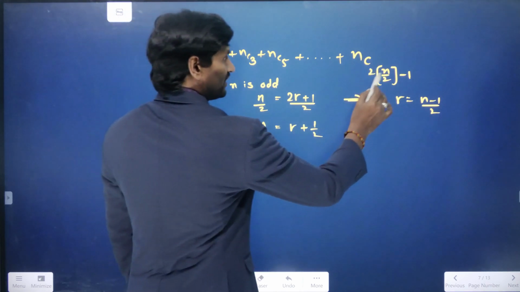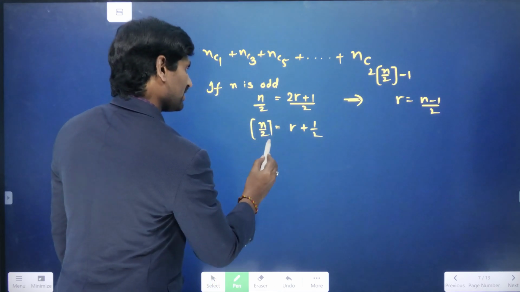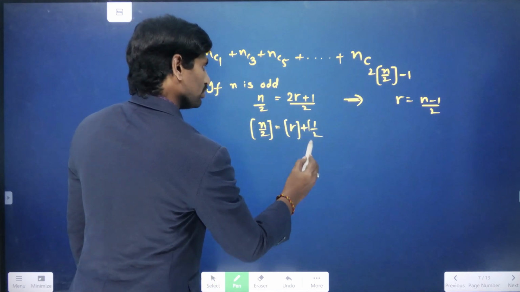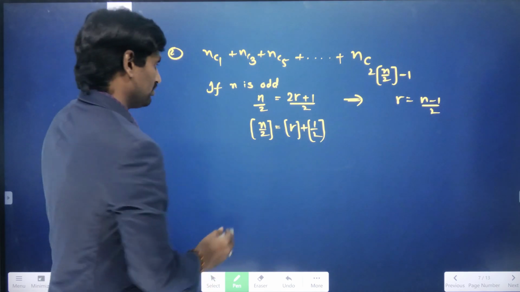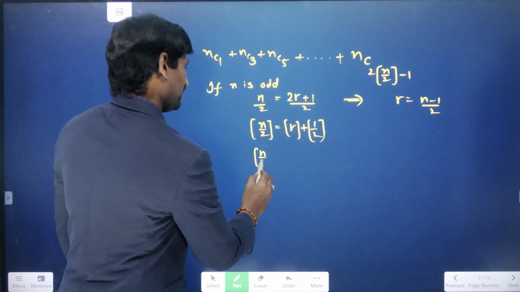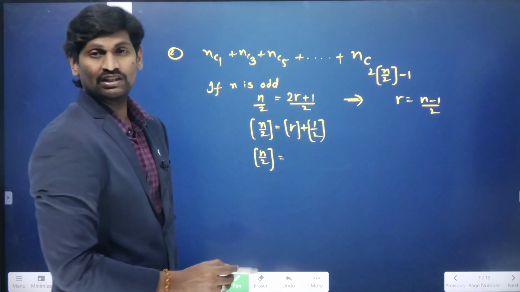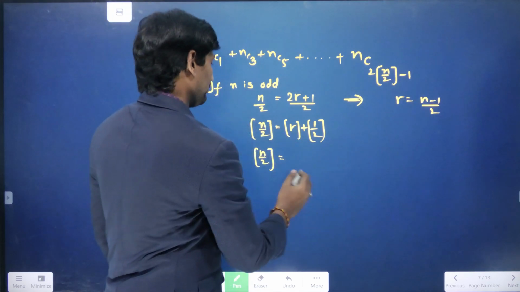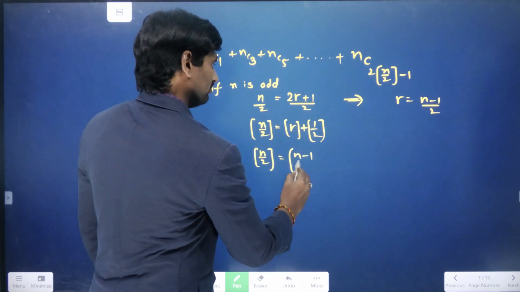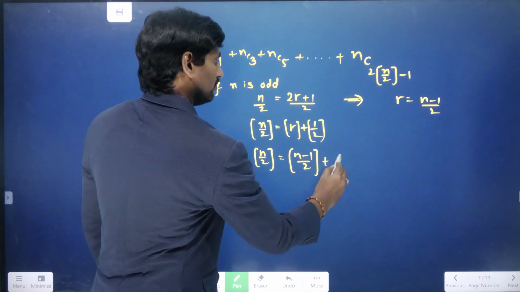Now I want the greatest integer function. Apply the greatest integer function on both sides. So greatest integer function of n by 2 equals, in the place of r, I can write n minus 1 by 2, plus 1 by 2.